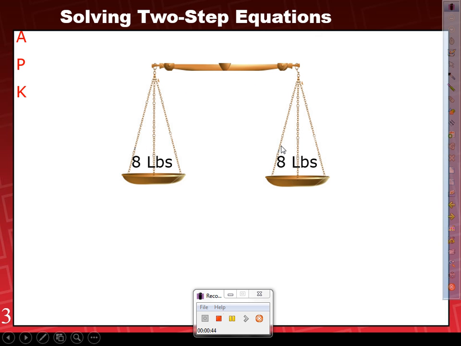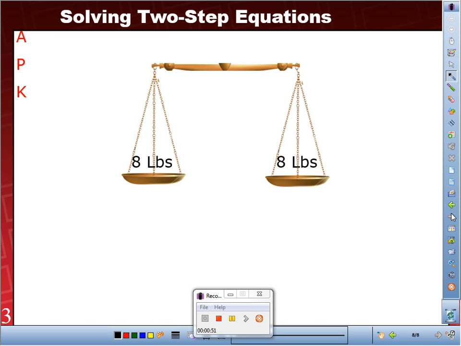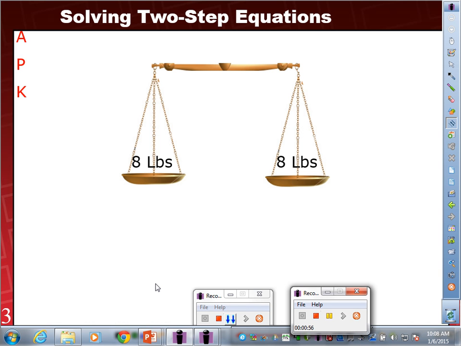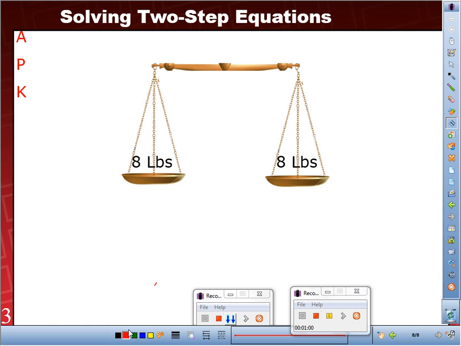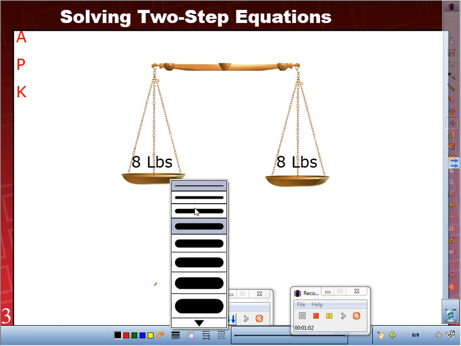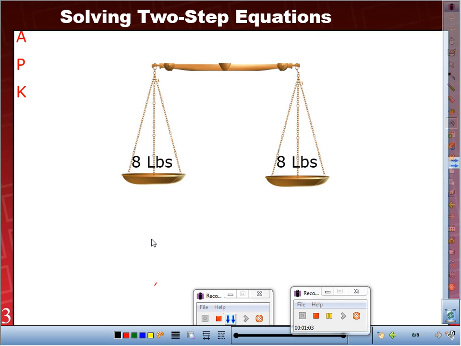Remember that? Okay. So when I introduced that, I said there's a table. The table is right here. Your scale is on the table, right?